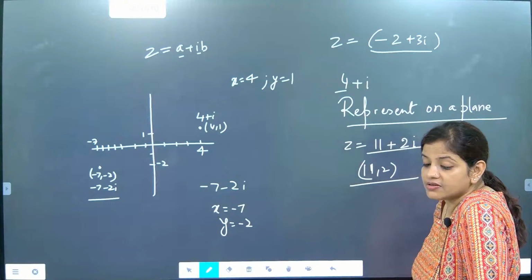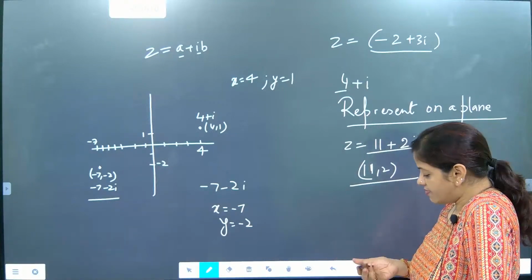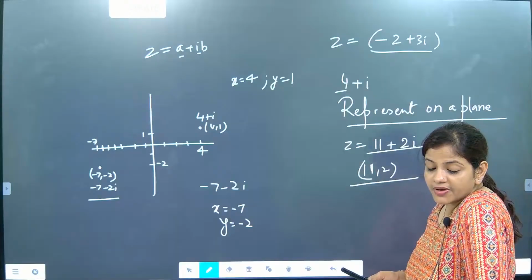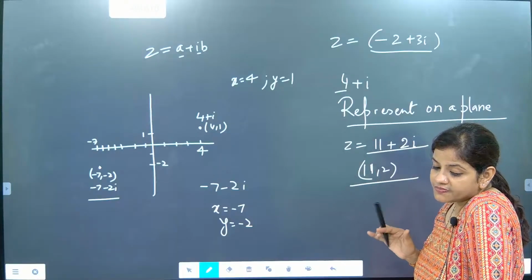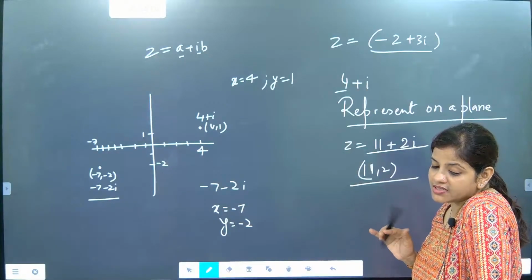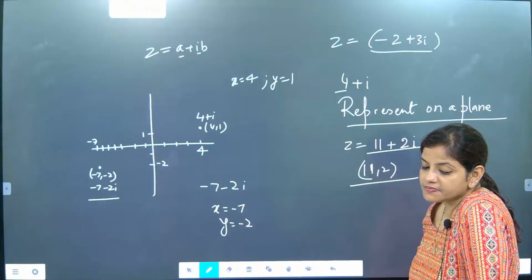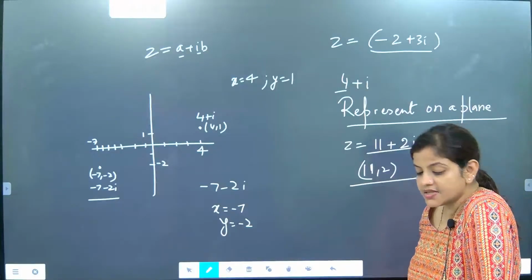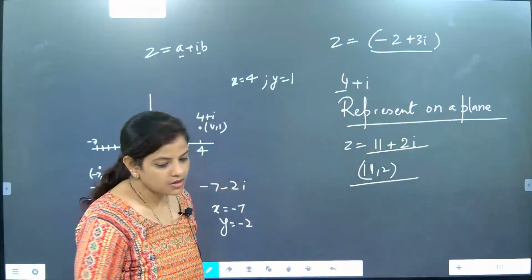Which quadrant will it come in? x is negative, y is positive. So x is negative, y is positive, and directly we can say which quadrant.